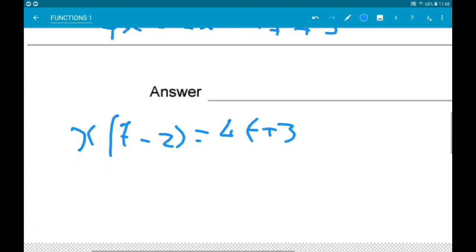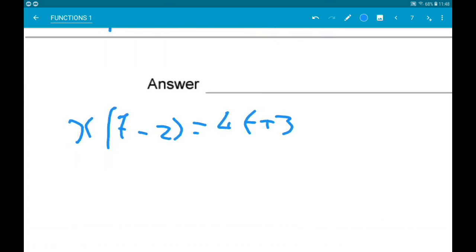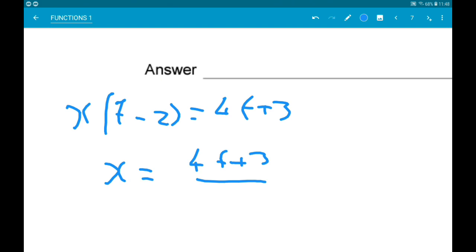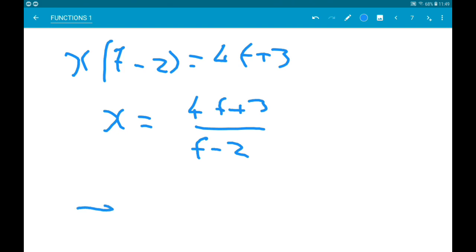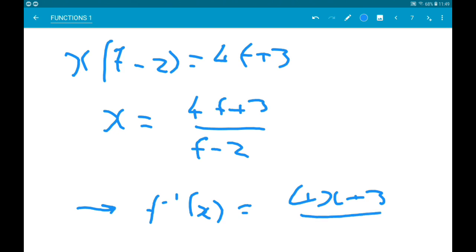Now to get x on its own, divide through by the bracket, so x is 4f add 3 over f minus 2. So then the final step, swap x and f, and that is now the inverse function. So f inverse is 4x add 3 over x minus 2. Boom.